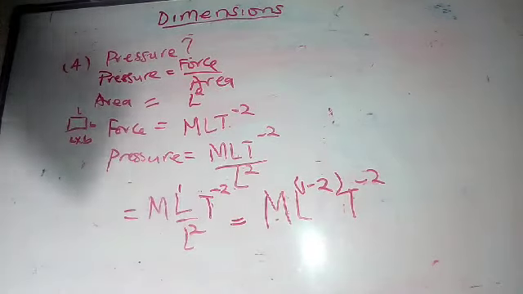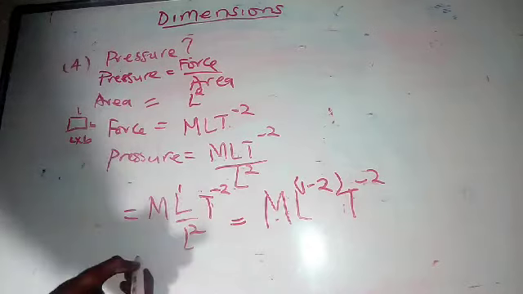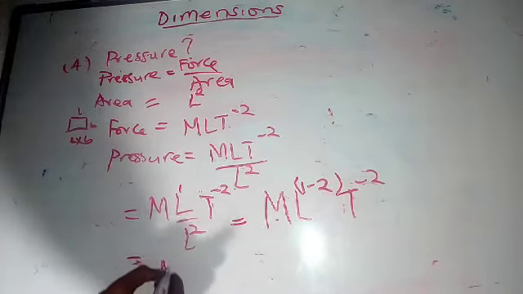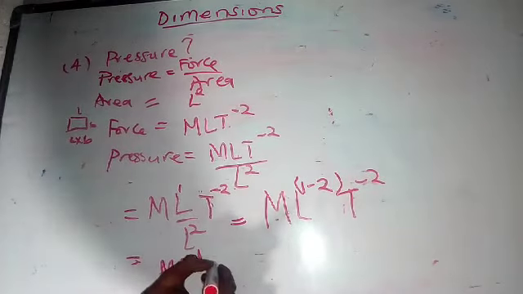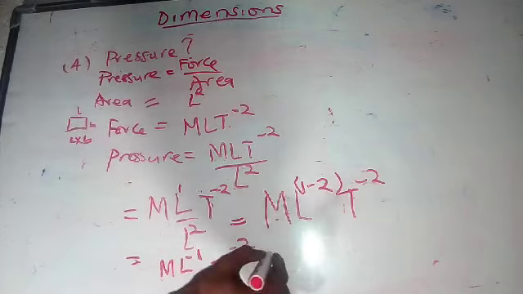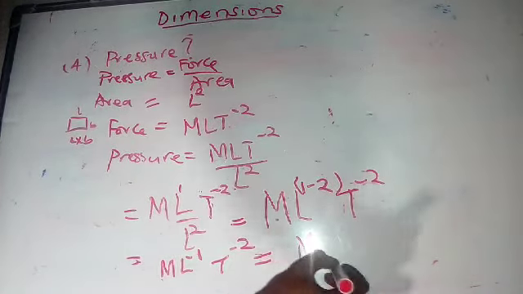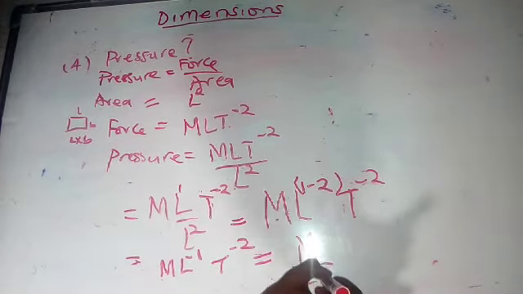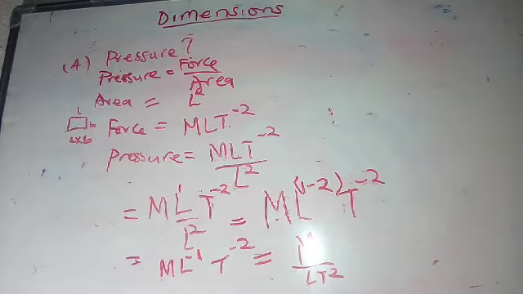That should give you M L^-1 T^-2. So it's also the same thing as writing M all over L T squared from your indices.